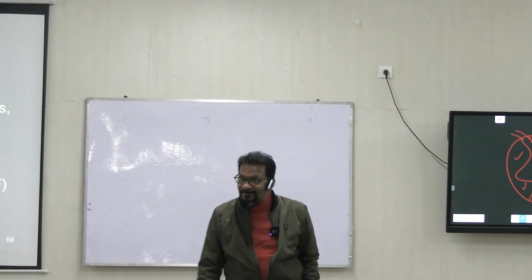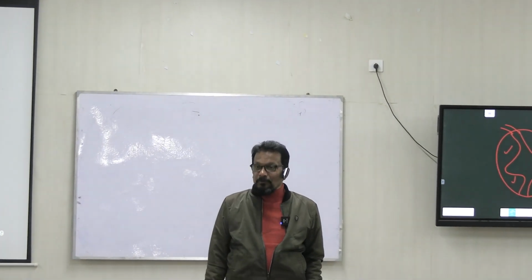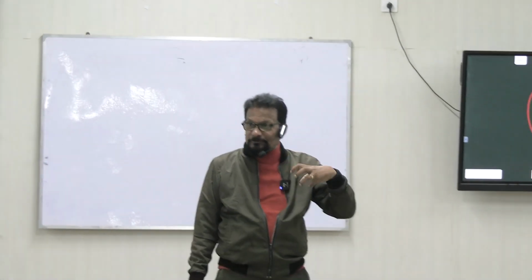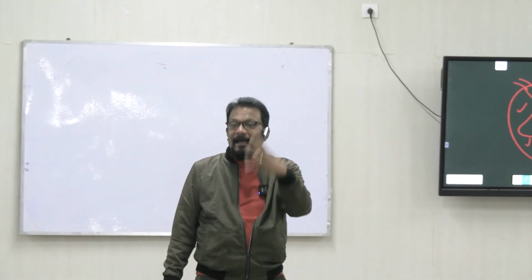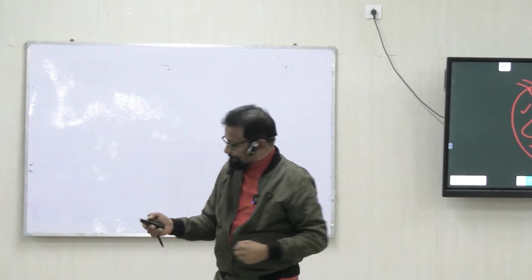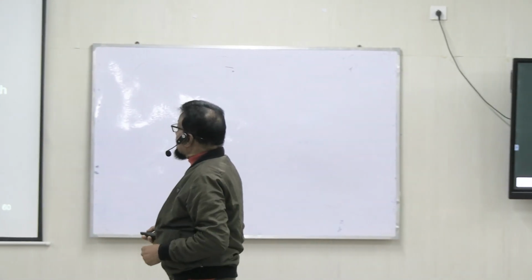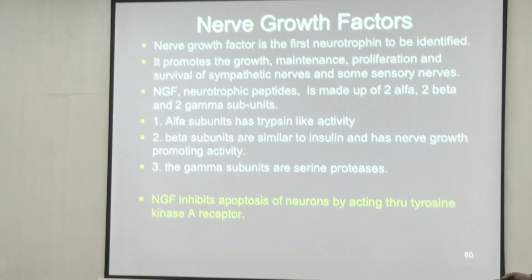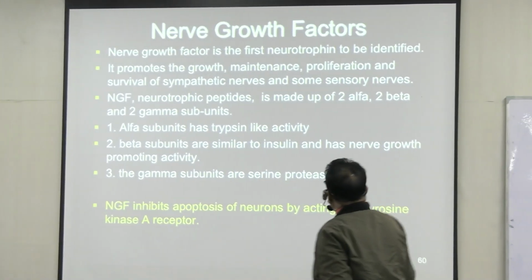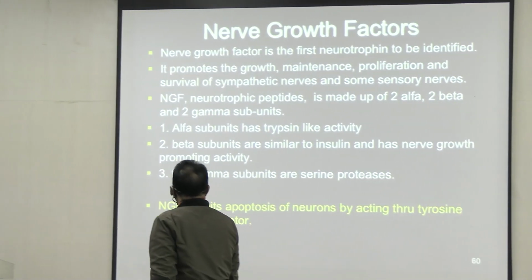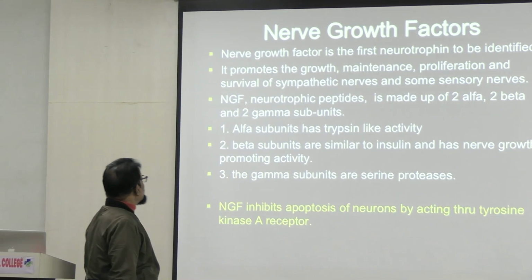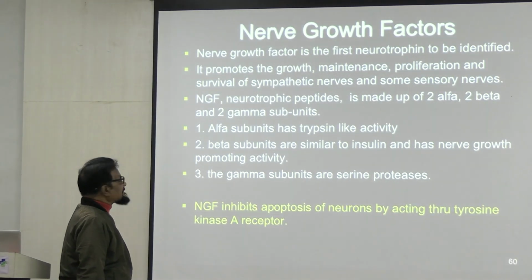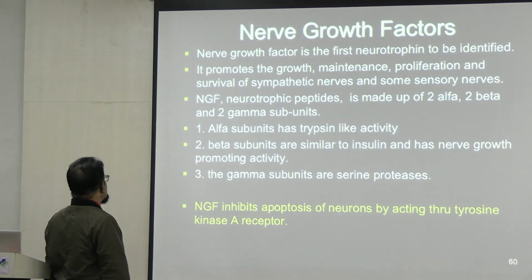Neurotrophins are proteins needed for growth, maintenance and survival. Nerve growth factor is the first neurotrophin to be identified. It promotes the growth, maintenance, proliferation and survival of sympathetic nerves and some sensory nerves.